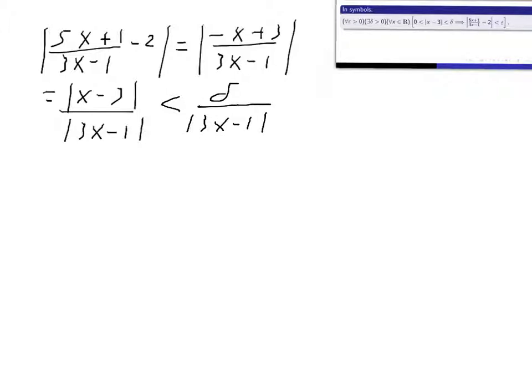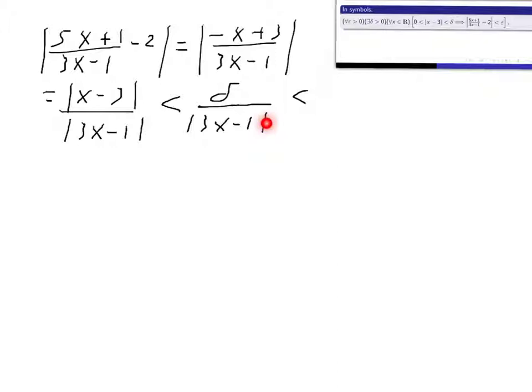Now I want to somehow show that this is smaller than epsilon, so somehow I have to make this smaller than something. In order to do that, do I need to replace absolute 3x minus 1 by something bigger than it or something smaller than it? Well, if I divide delta by something bigger than this, I don't get something bigger, I get something smaller.